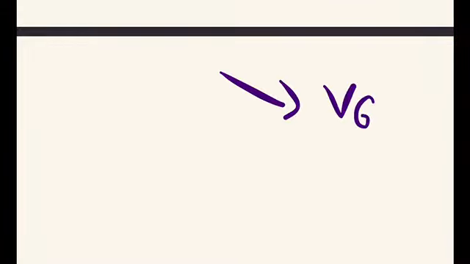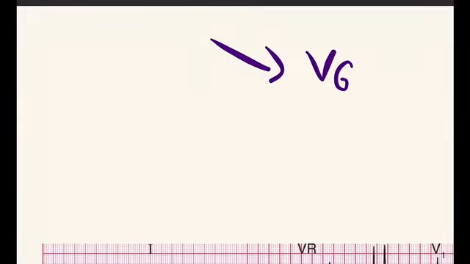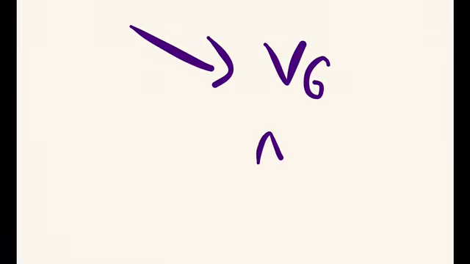Now talking about the height of the QRS complex, it is a very important part. So why will the height of the QRS complex be increased? We talked about how the QRS complex is because of ventricular depolarization, and it is predominant towards the left side and can be seen easily in V6, because the vector of depolarization is going towards lead V6.